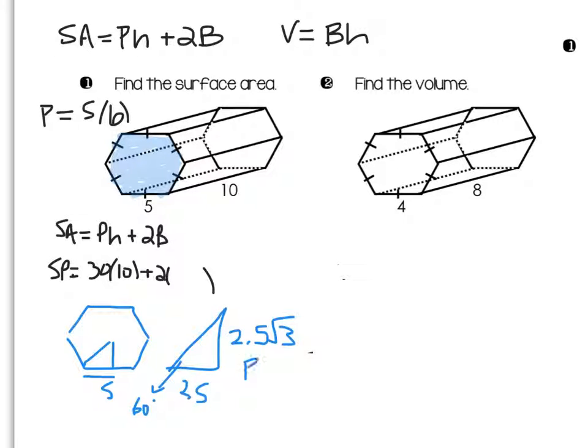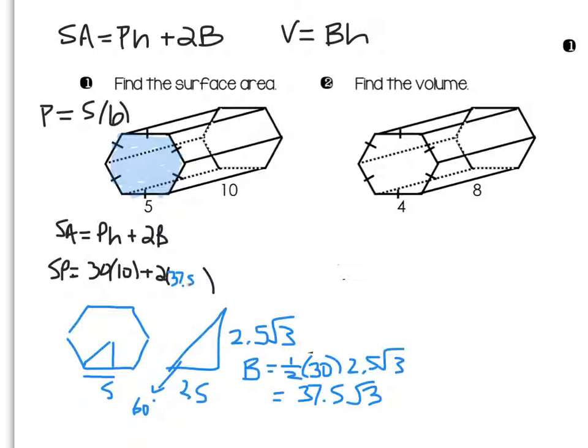So my area of my base is 1/2 times the perimeter, which we already said is 30, times my apothem, which is 2.5 square root 3. So that's all going to simplify down to being 15 times 2.5, 37.5 square root of 3, which I didn't leave enough room for.